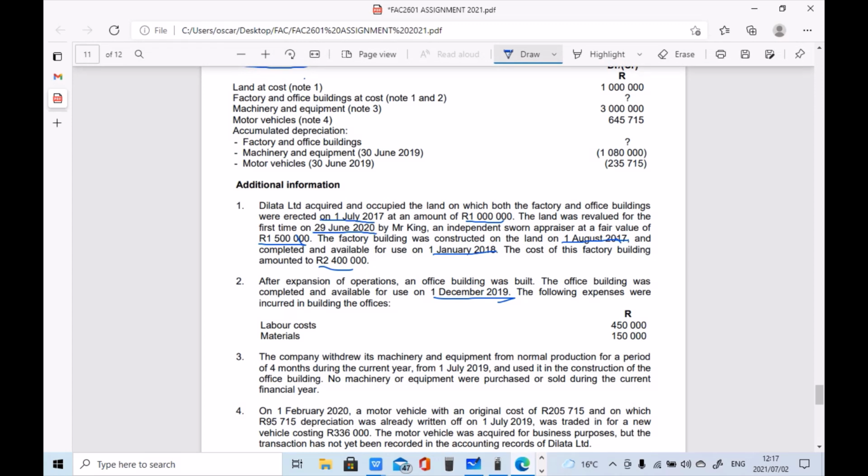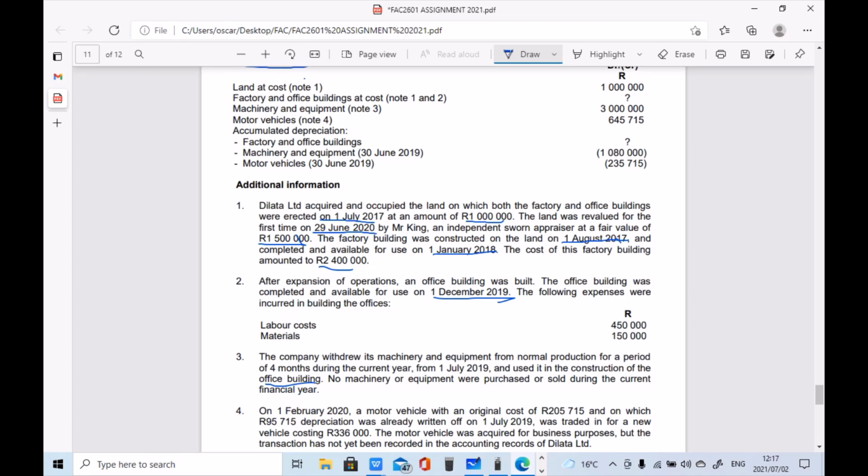Now, on note number 3, the company withdrew its machinery and equipment from normal production for a period of 4 months during the current year, from 1 July 2019, and used it in the construction of the office building. So here brings another interesting case.